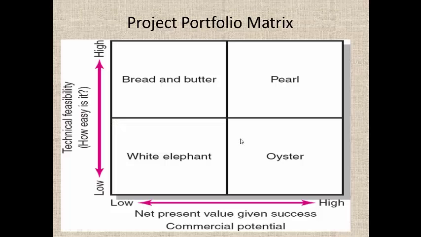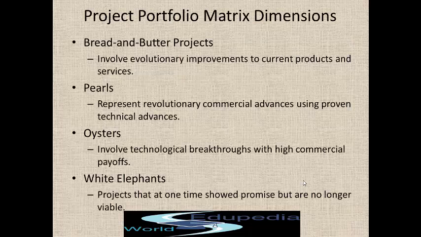So with oysters, you get high payoffs, and technically they are also not that challenging. You're able to do it. So everybody wants to do either an oyster project or a bread and butter project. With pearl projects, there is a kind of risk involved in the sense that it's highly technically challenging. You need to have the right resources and the capability to do such high-end technology work. But if you do it, you have a lot of profit for the organization, a lot of customer name, and you can create new markets because you're doing some new revolutionary project which ensures that you are staying ahead of the competition.